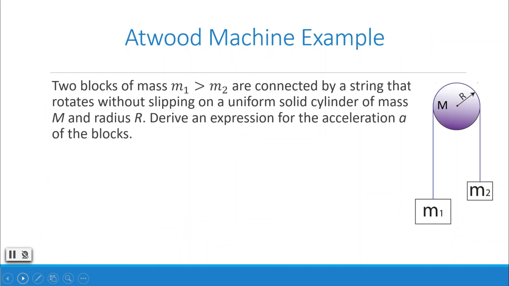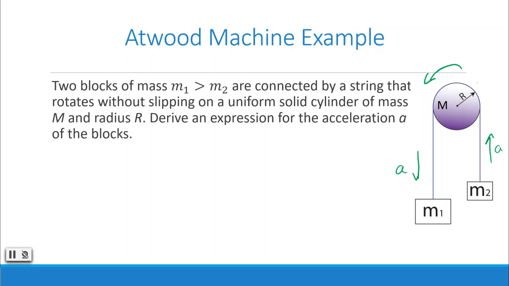We're going to start with that most basic Atwood machine. In this case, we're going to assume that our pulley does not have negligible mass or friction, so our pulley is going to rotate with our mass. We're going to have a linear acceleration for mass 1 down, because it's the more massive one, and a linear acceleration of m2 up.